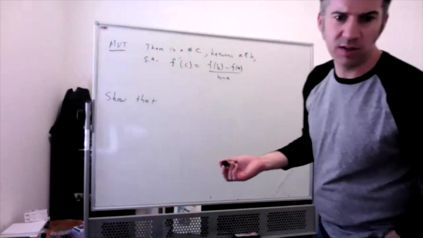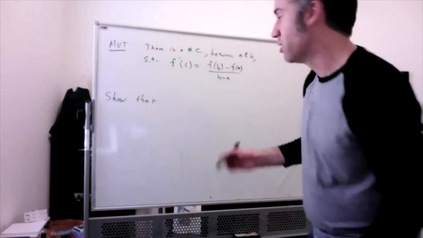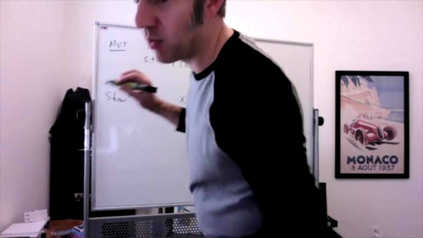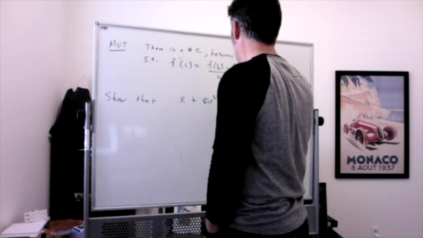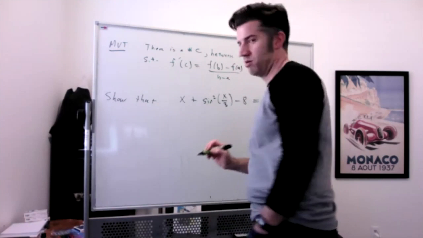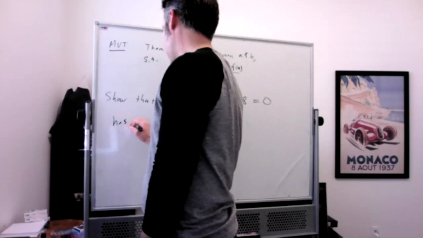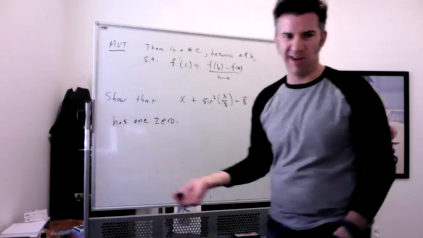Here's the function in question. Show that the equation x plus sine squared of x over 3 minus 8 equals 0 has one solution, or one root. Root, zero, solution, they all kind of mean the same thing.